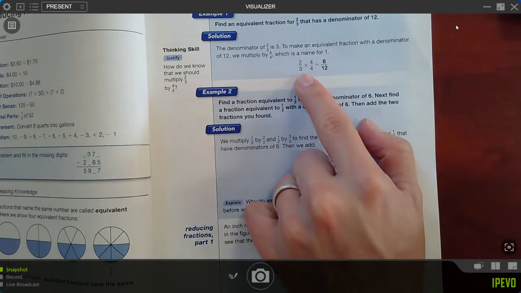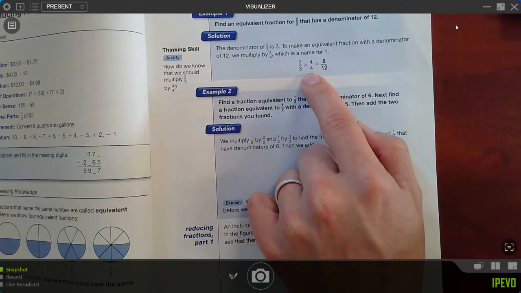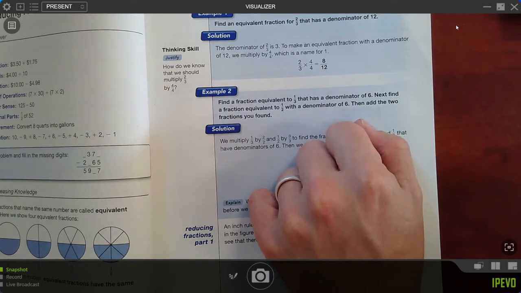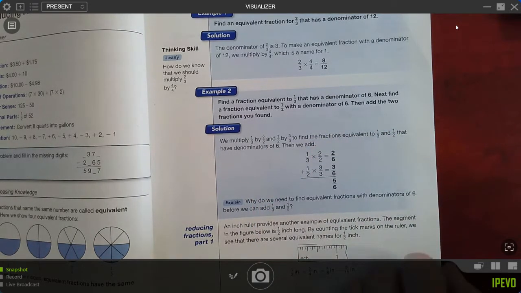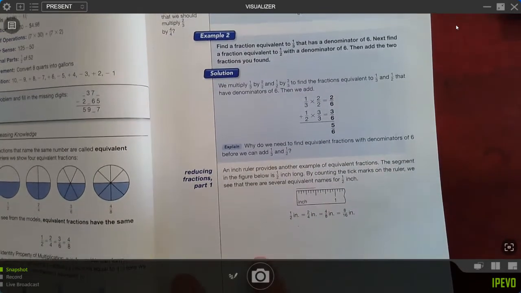Okay. So in order to get 3 over to 12, I have to times it by 4. And when I times the bottom number by 4, I times the top number by 4 as well. 2/3 is the exact same number as 8/12. Okay. So I don't think this will be too difficult for you guys.